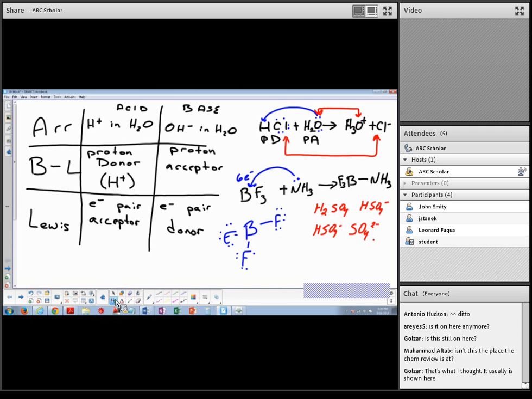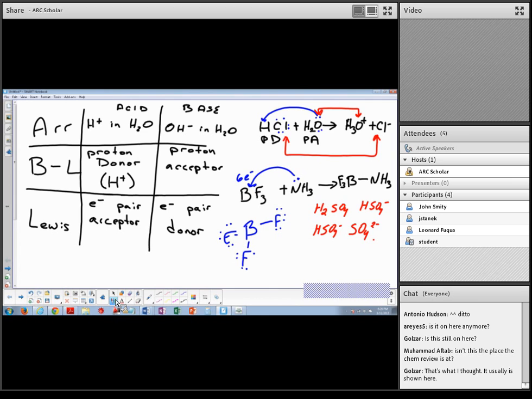Are they related by conjugate acid base pairs? No, because you have to have only one proton different. If I were to go from H2SO4 to SO4 2 minus, I have to lose 2 protons, right? So they're not a conjugate acid base pair. It can only differ by 1 proton.